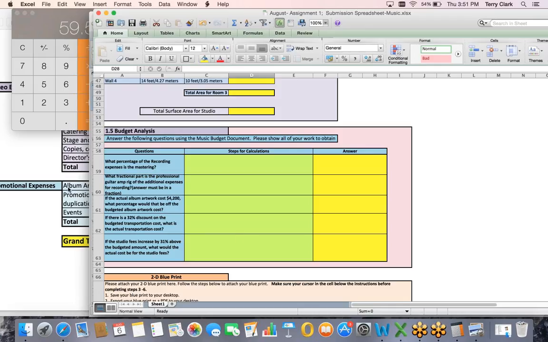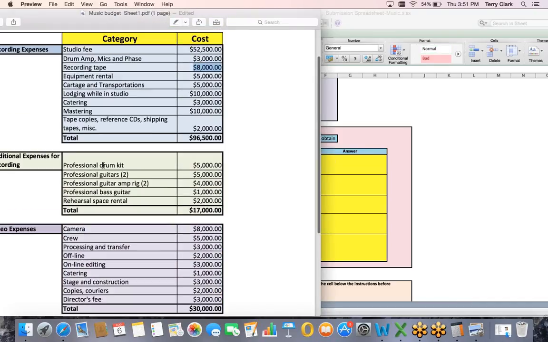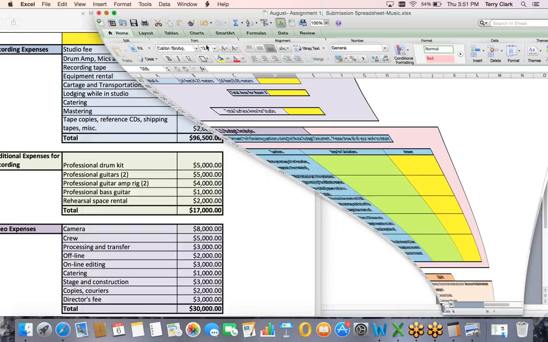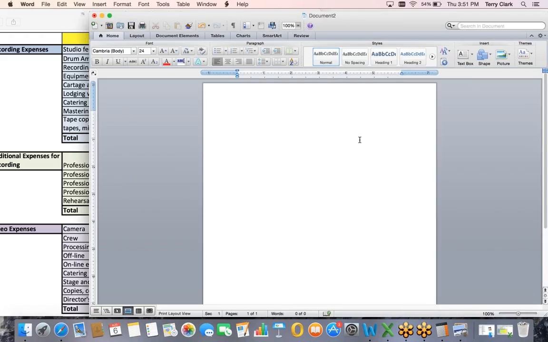Okay, so we're still working with the recording tape of 8,000. If that increased by 35%, so the recording tape increased by 35%, what we're going to do is take our 8,000 and multiply it by 1.35.